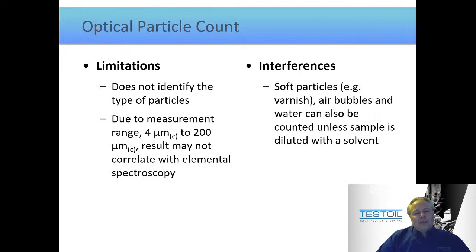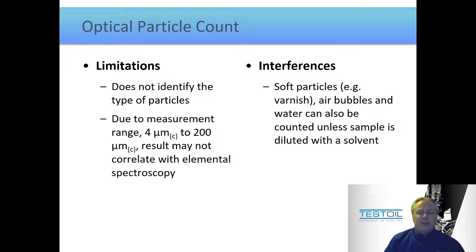One of the other key things to note about optical particle counting is not just the 4 micron and up limitation to its measurement, but the interferences. Because this instrument relies on counting and sizing shadows, anything else that can show up as a shadow, I should say, can count as a particle.